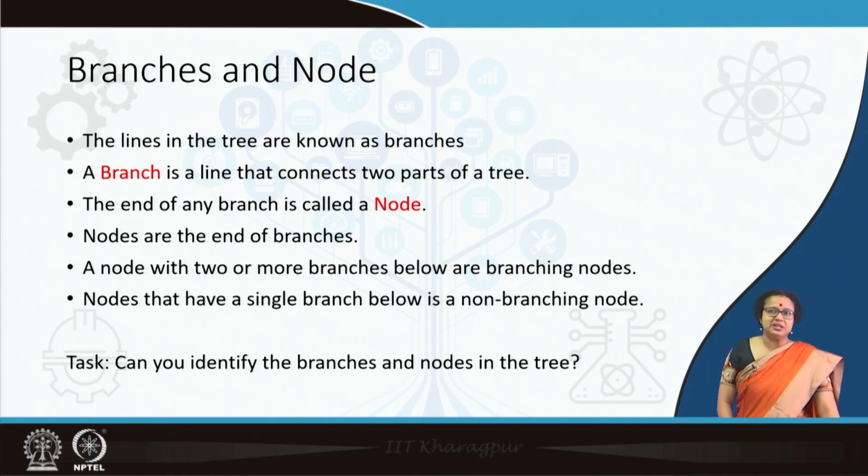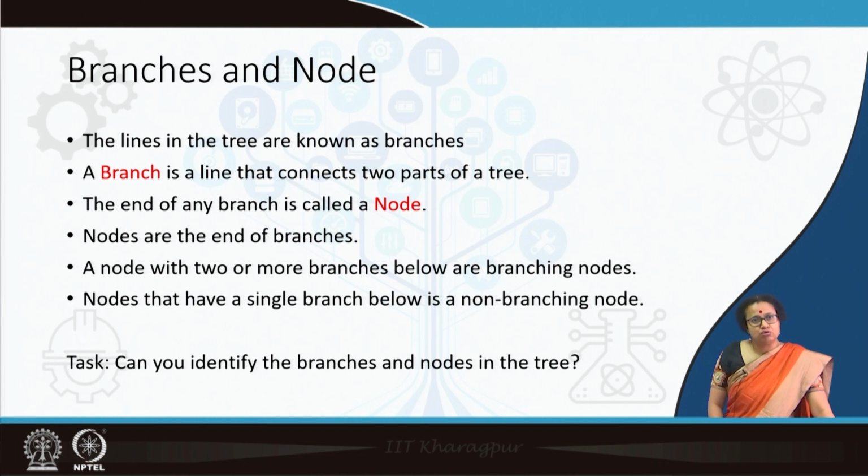So, what do you mean by the end of any branch? You can think about any label that can be put there, and I am sure you are trying to visualize a tree, maybe the tree that I have drawn, and you can define nodes as the nodes at the end of branches. So, we have branching nodes and non-branching nodes.